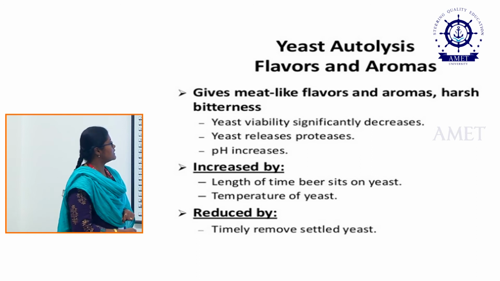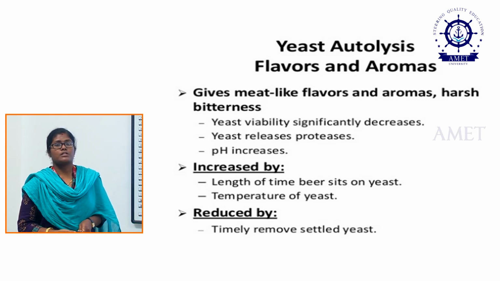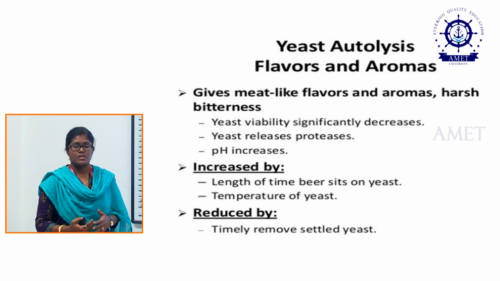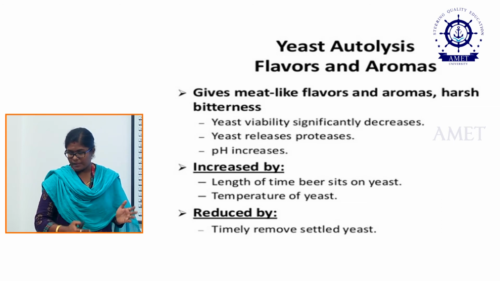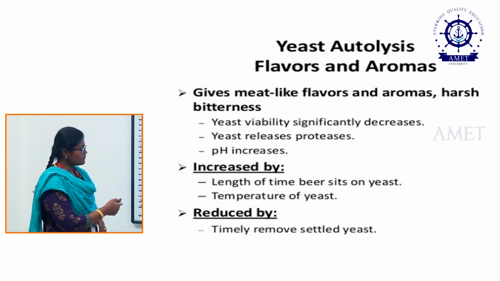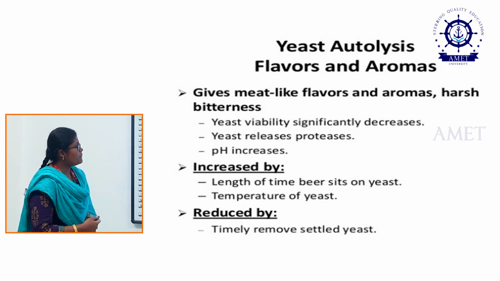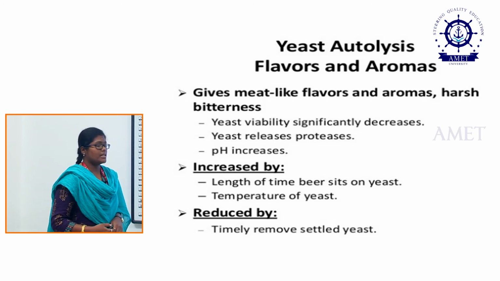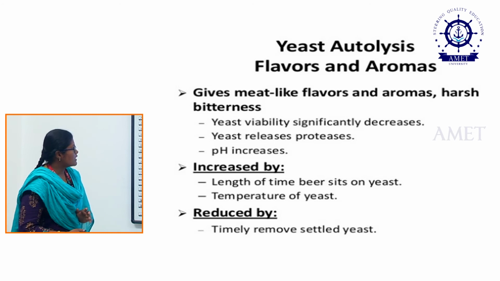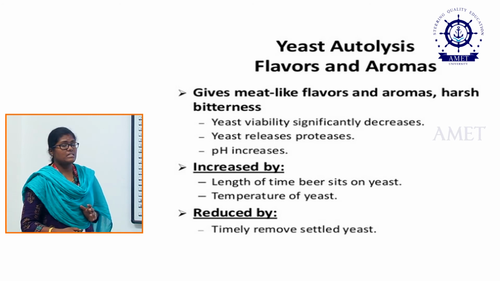The next slide is autolysis. As I told, what happens to the yeast after fermentation, what is the fate of the yeast? It gives some meat-like flavors and aromas, and it gives harshness to the beer. Here the viability of the yeast gets reduced.